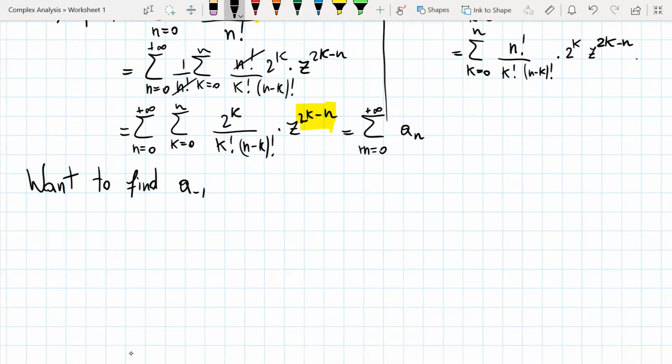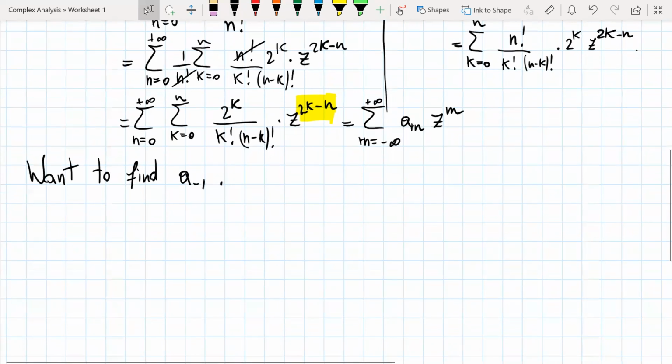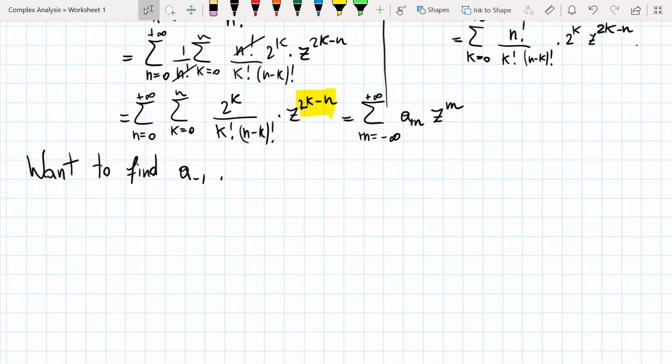Let's use an m here: the sum of a_m z to the m, where m goes from minus infinity to plus infinity. And so now we want to find a minus 1.